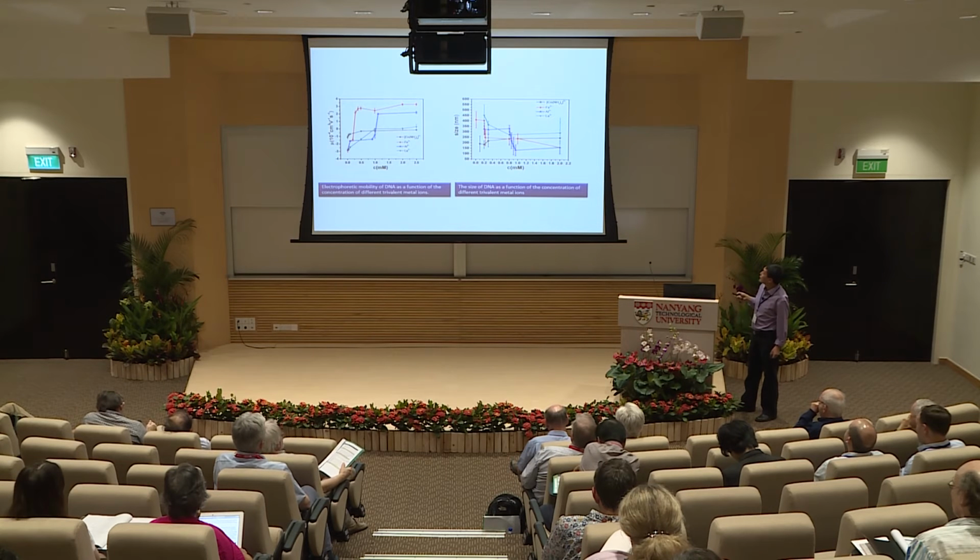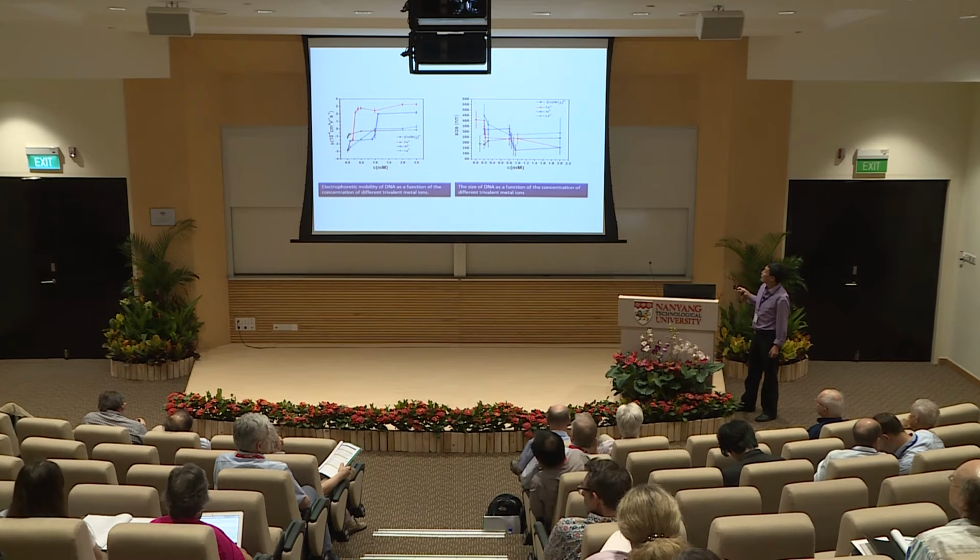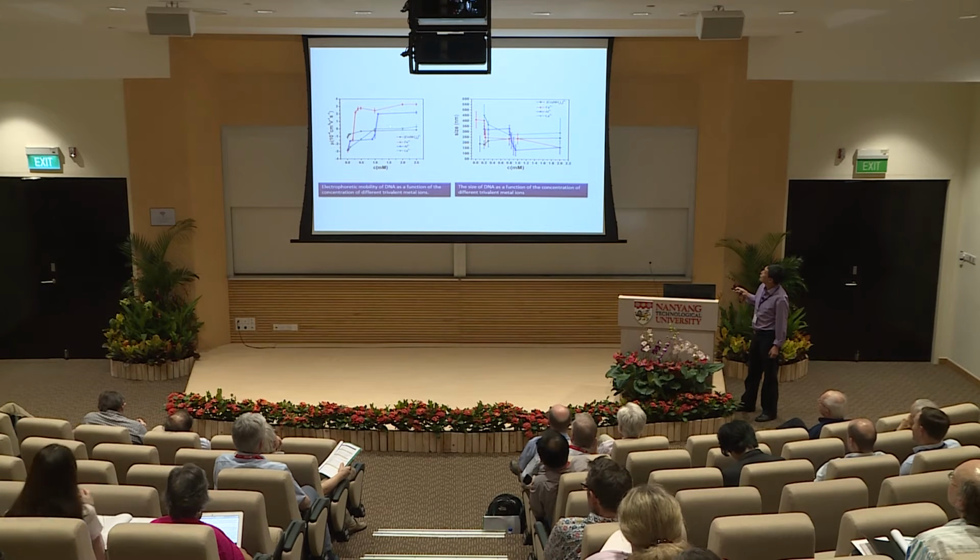This is the electrophoretic mobility of DNA. Here, the black line is the so-called classical counterion.